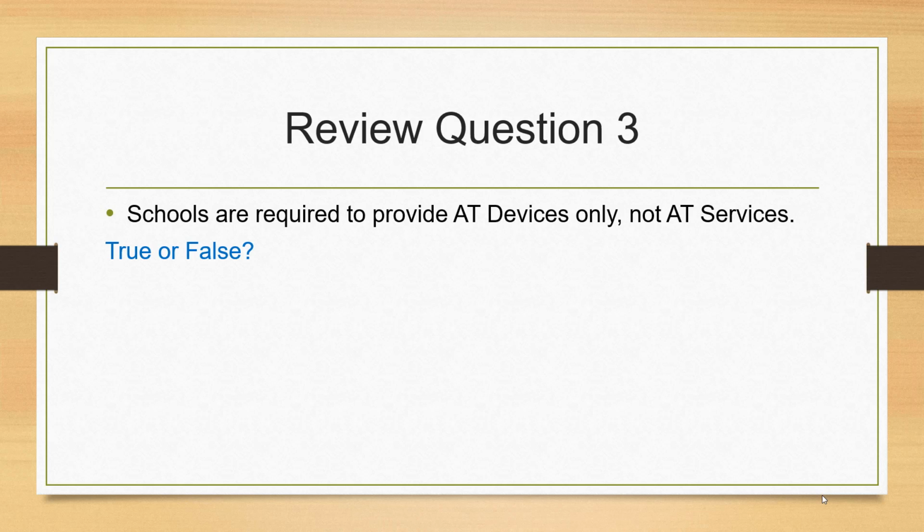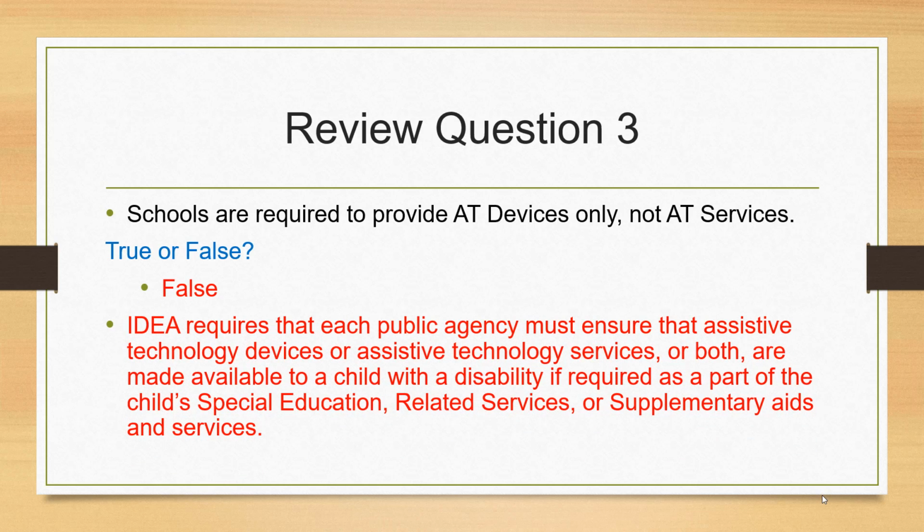True or false? This is false. IDEA requires that each public agency must ensure that assistive technology devices or assistive technology services, or both, are made available to a child with a disability if required as part of the child's special education, related services, or supplementary aids and services.